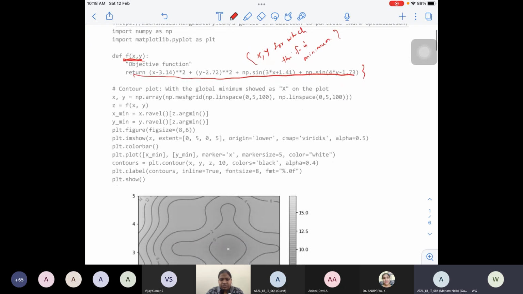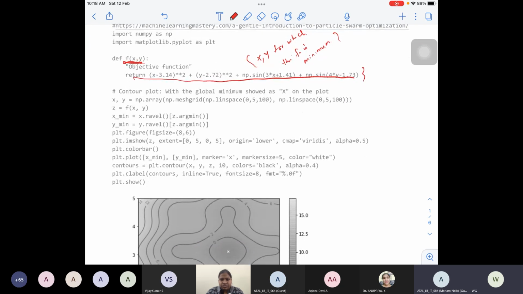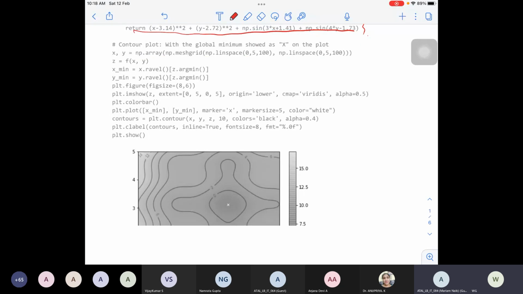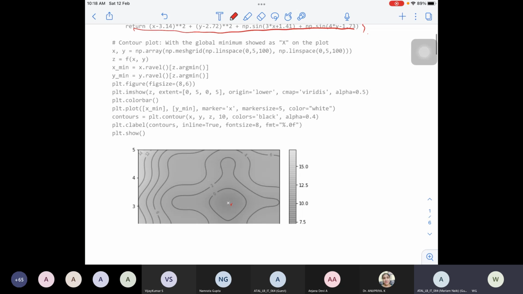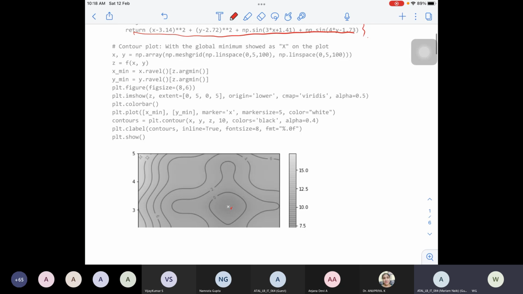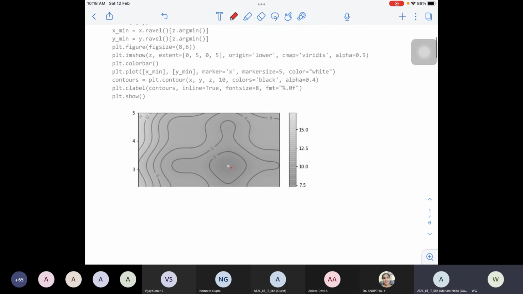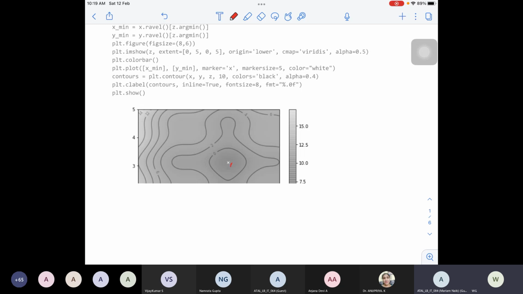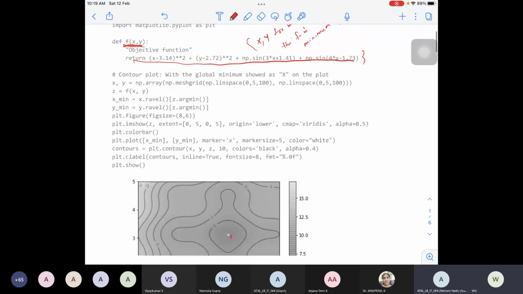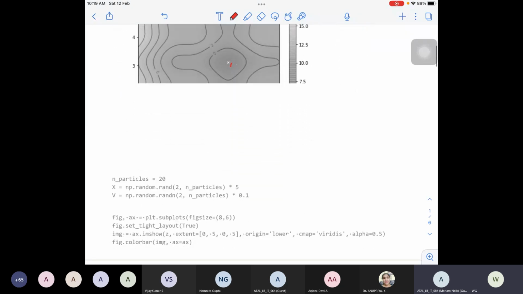So first of all, we do a contour plot of this function, right? And we also locate the minimum point in this entire contour plot. The contour plot of this function along with the minimum point location is what is given by this particular cell, right? Using this code you will be able to do that.